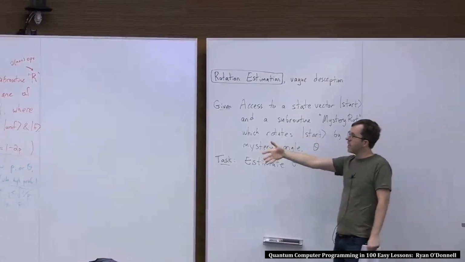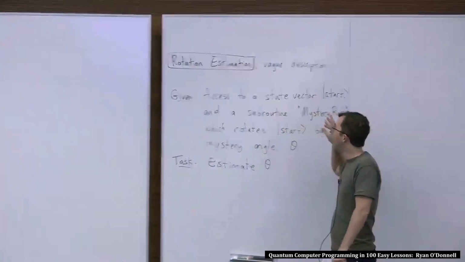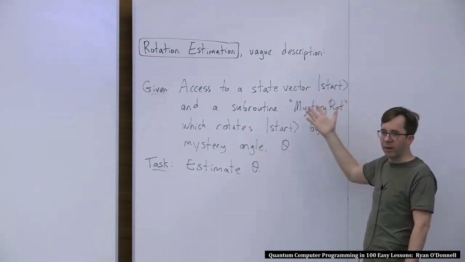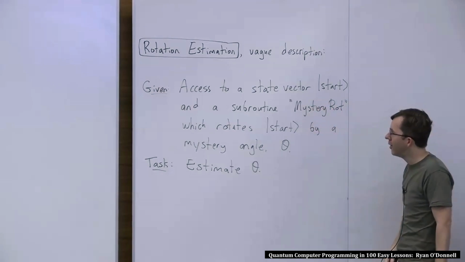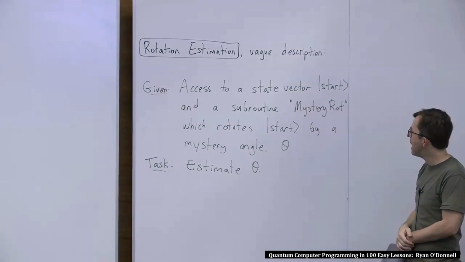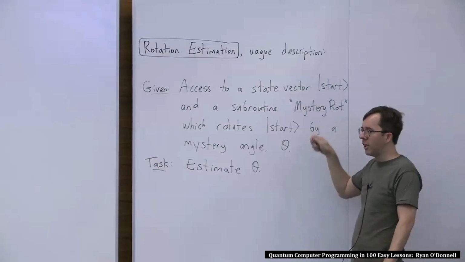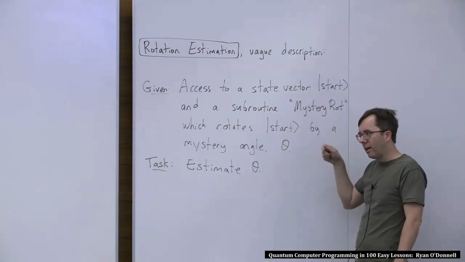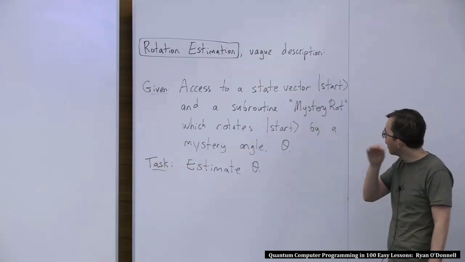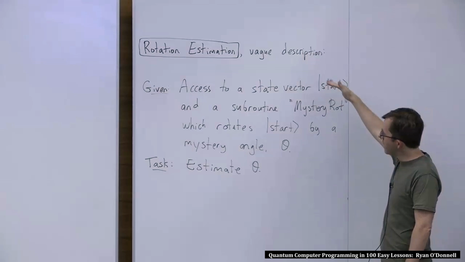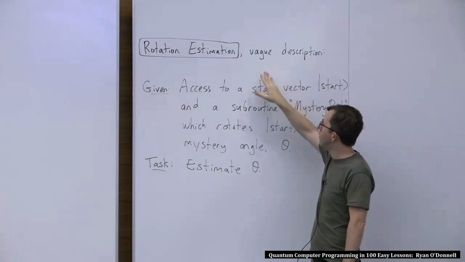Not just because it's important for this Grover-SAT algorithm, but it's also maybe the most important subroutine for the quantum factoring algorithm, which will be the grand finale of this class. We're going to always be refining our version of rotation estimation and making it better and nicer, so I don't want to state things precisely right now because we'll change them later, but this is the vague description of the rotation estimation problem.